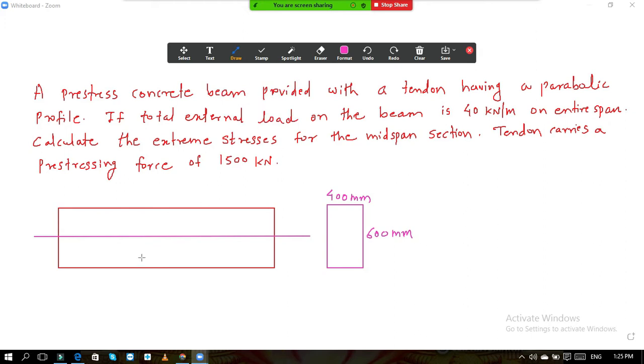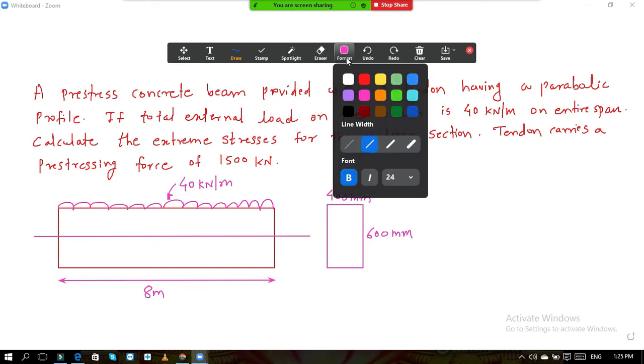The span of the beam is 8 meter, and UDL is acting. This is the external load, that is the live load, which is 40 kilonewton per meter, and the tendon is a parabolic tendon.